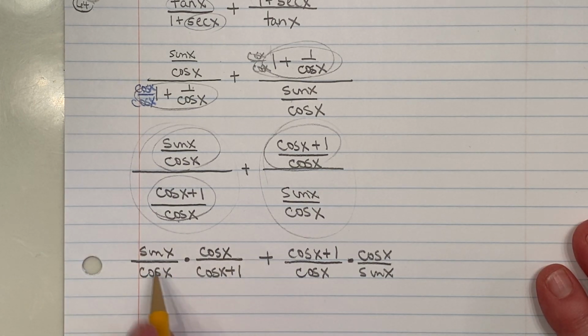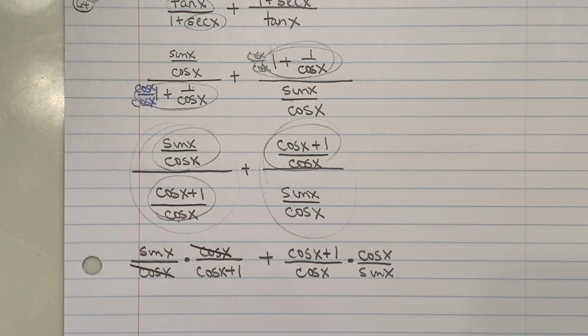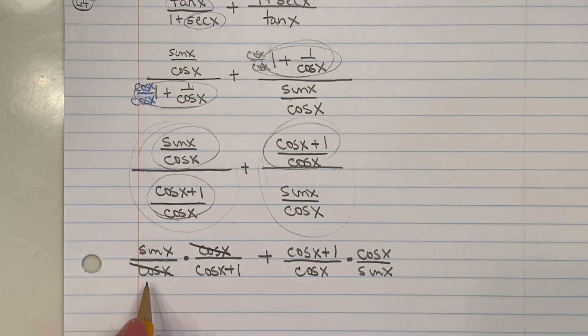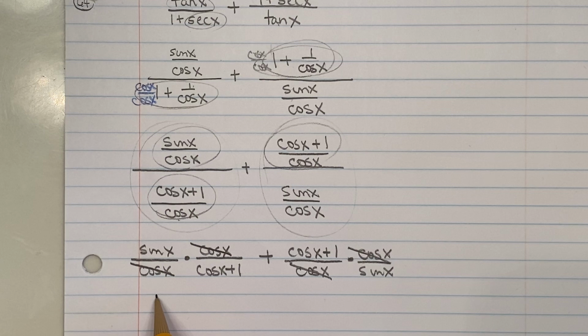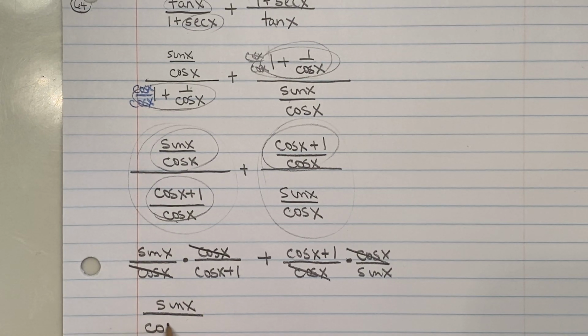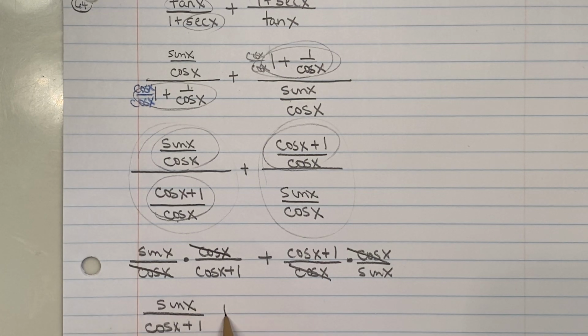So working on this term right here, I see I can divide out the cosines. And over here, when I multiply, I can divide out the cosines. I don't think this helped me. So I'm going to have sine x over cosine x plus 1 plus cosine x plus 1 over sine x.